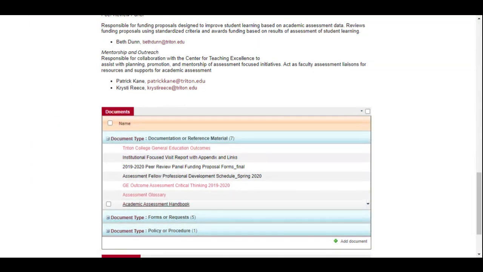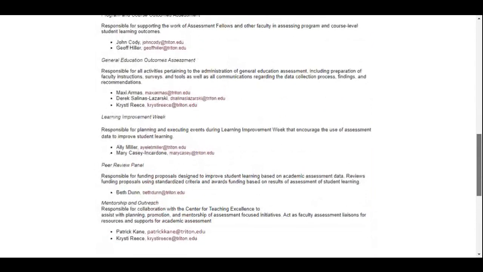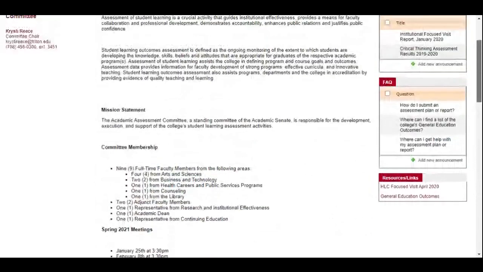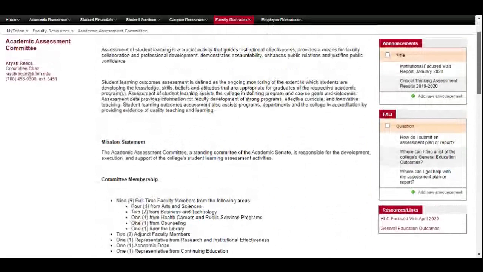There's also a handbook for assessment. These are just different tools that in general would help with any form of evaluation. Other than that, I think those are the key things I wanted to touch on, to navigate you around the shell so you could get an idea of where our general education information is housed, how to find out more information, and how you could participate.